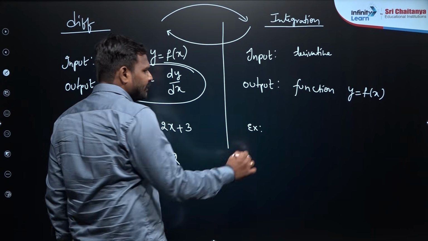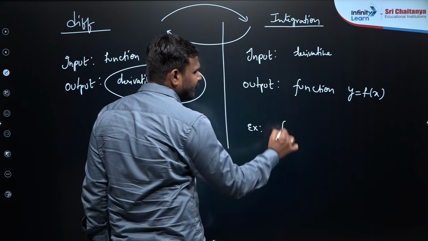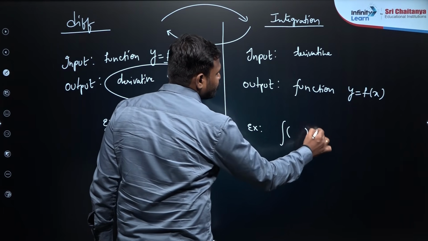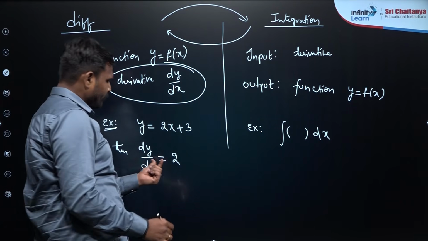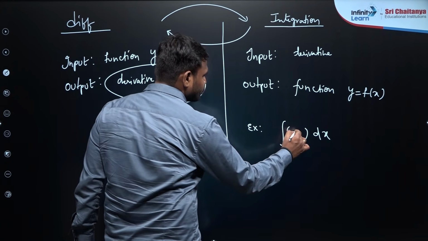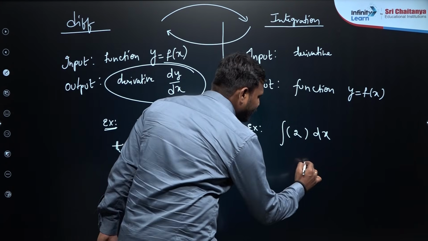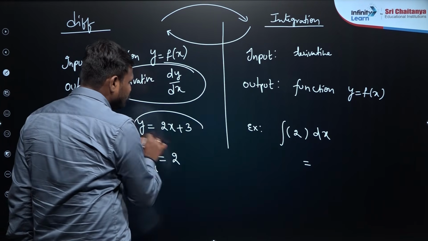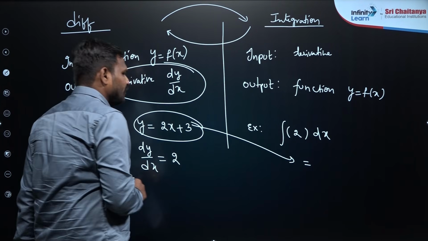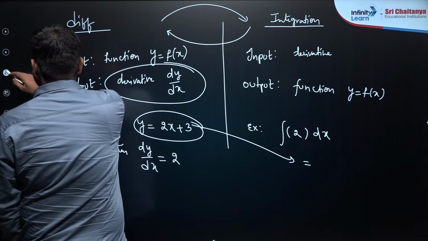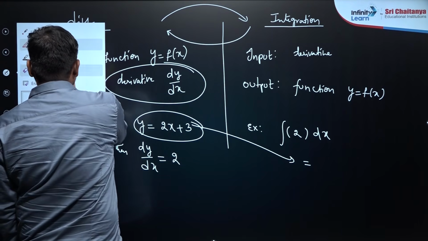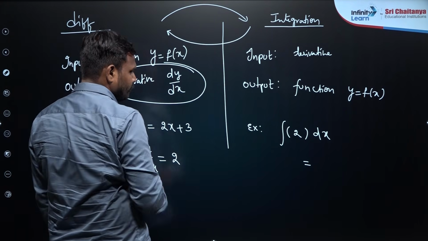They will ask you to find the integral of whatever you have got, that is 2. And after integrating, you will get this value as the final answer. Is that clear? This is the reverse of differentiation.